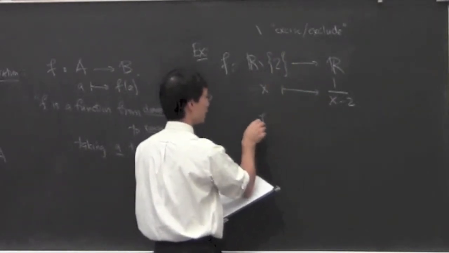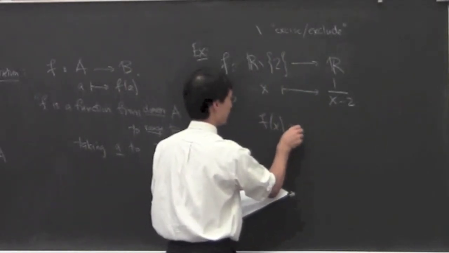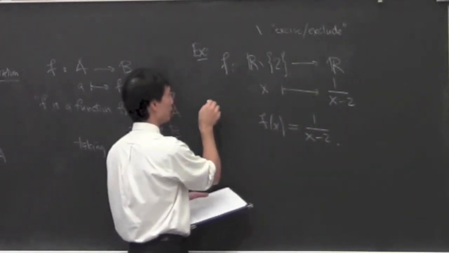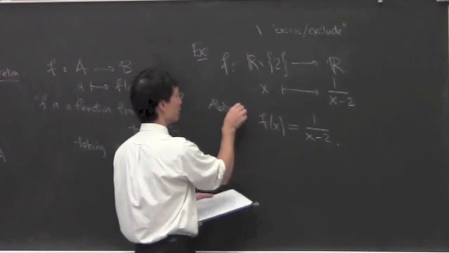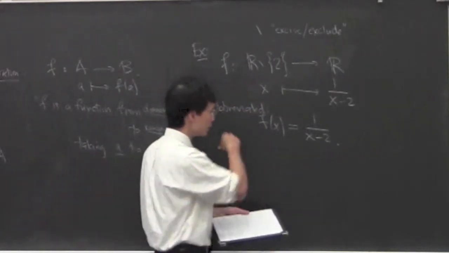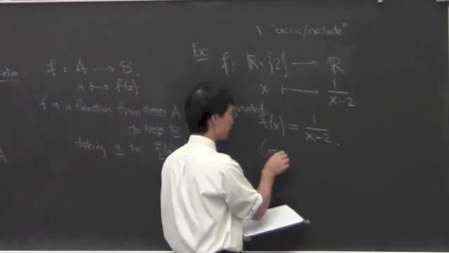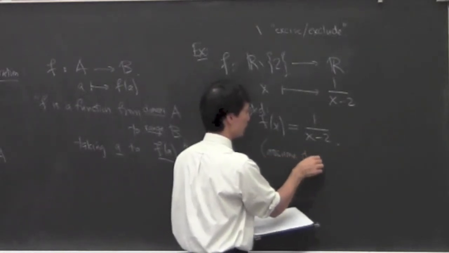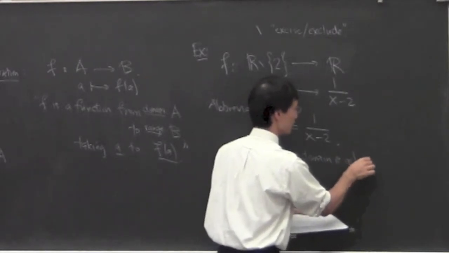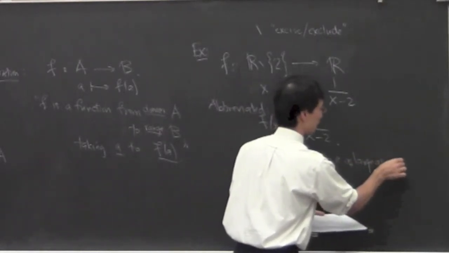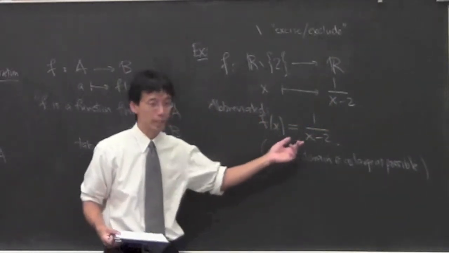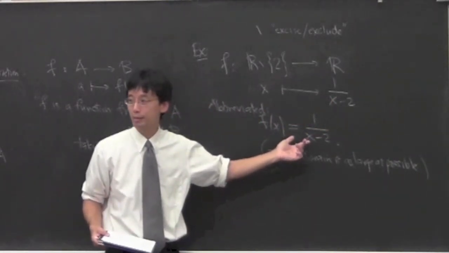Normally, people just write something like f of x equals 1 over x plus 2, abbreviated. When people write this, you just assume that the domain is as large as possible. You look at it and ask, for what x does this make sense?